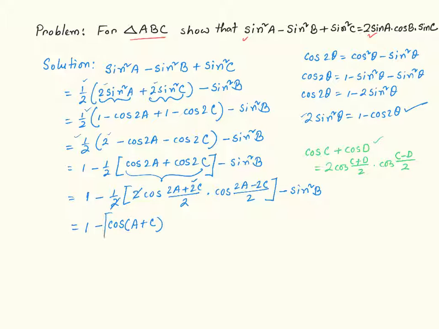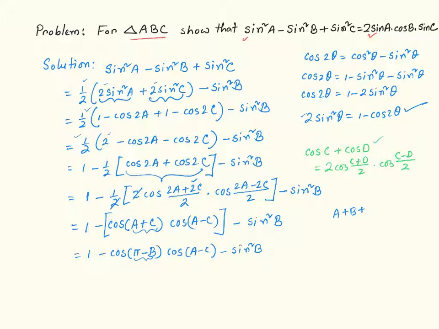Then let me just leave this square bracket here for clarity, and similarly I am going to get cosine of A minus C, minus sine square of B. Now look, A plus C is pi minus B. Remember, if you add up the angles in a triangle you get pi, right? So A plus C must be equal to pi minus B.